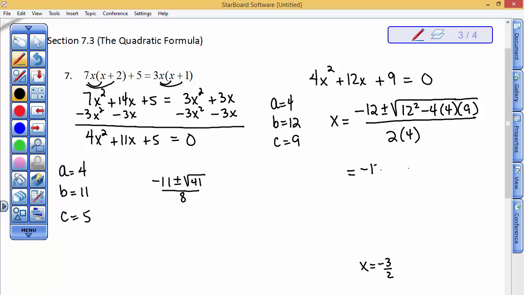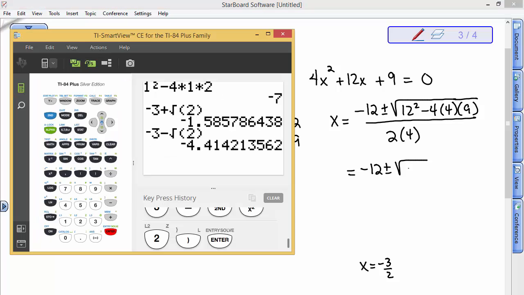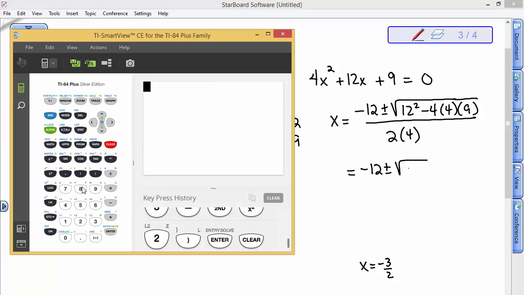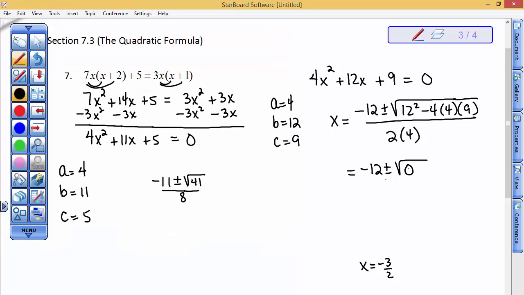So I've got a negative 12 plus or minus. Let's go to our calculator and find out what the discriminant is. Remember, the discriminant is what's under the radical. That's 12 squared minus 4 times 9. Oh my, a 0 divided by 8.